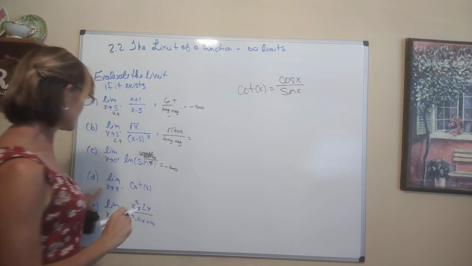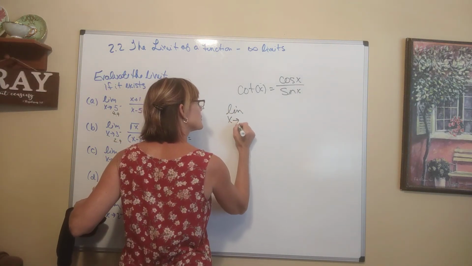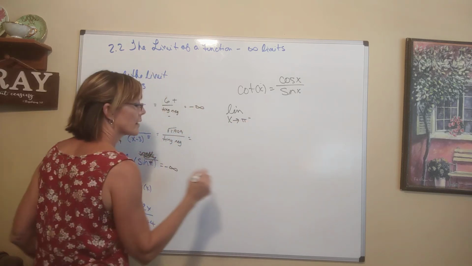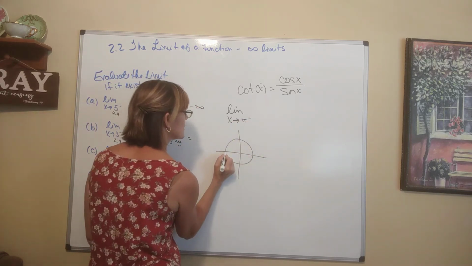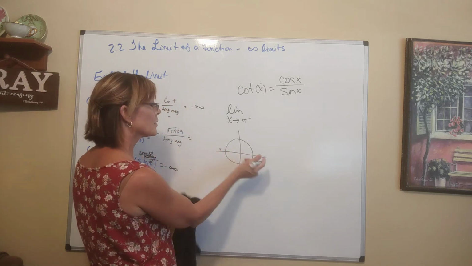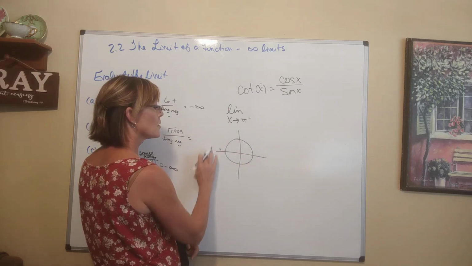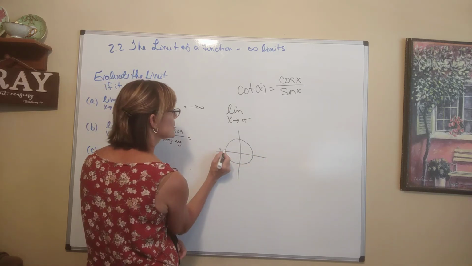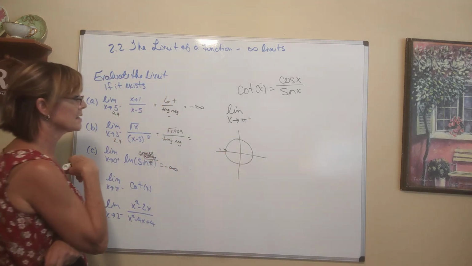Basically they're saying look at the limit as x approaches pi from the left. I am a unit circle person, so I always think in these terms. Here is pi. So something a little bit less than pi, remember, angles get bigger as we go in a counterclockwise direction.